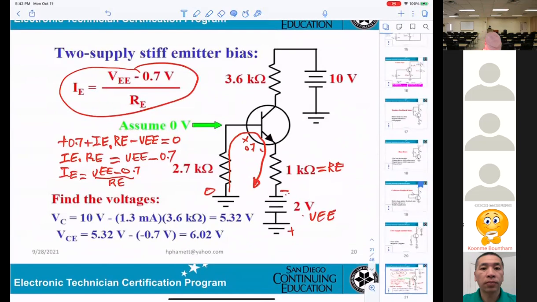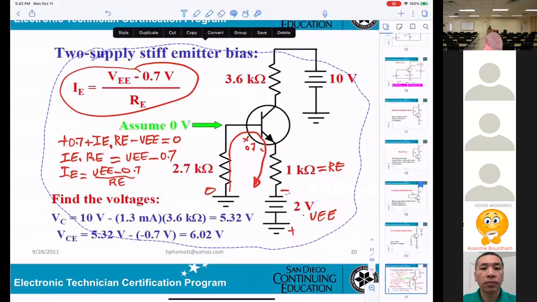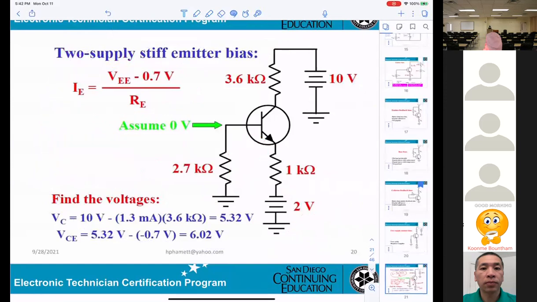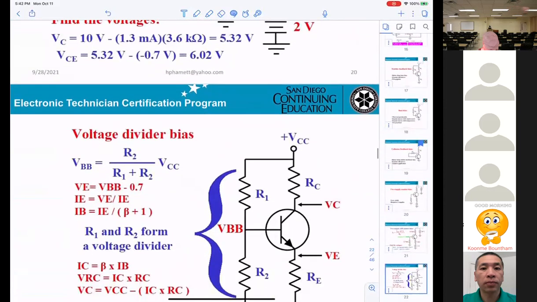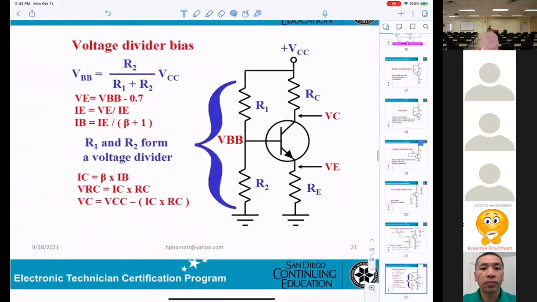Same thing here. So that's why on a test or quiz, I never use this kind of circuitry. This is the one you really have to understand.